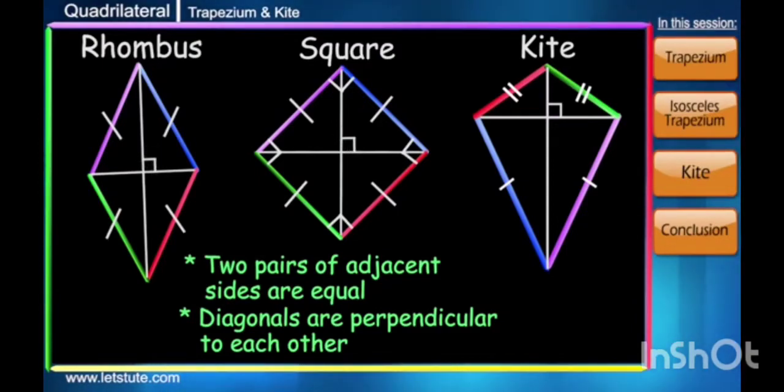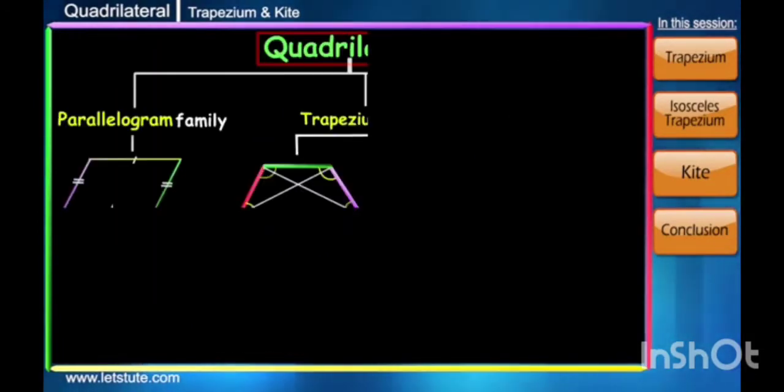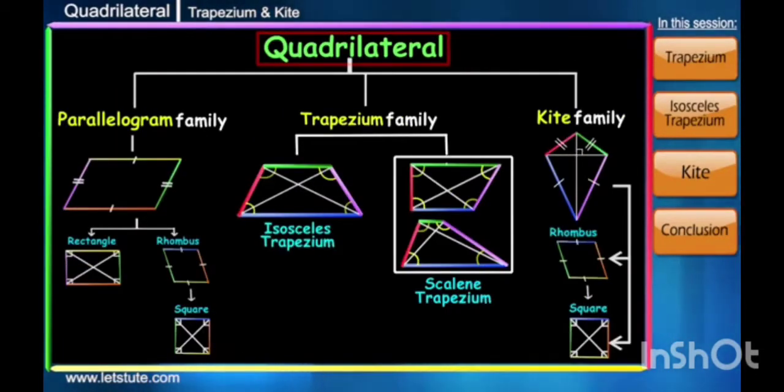Therefore, they belong to both the families because they satisfy all the conditions followed by the respective families. So friends, this was all about the types of quadrilaterals. Any other shapes which do not belong to these 3 families are simply called quadrilateral only.